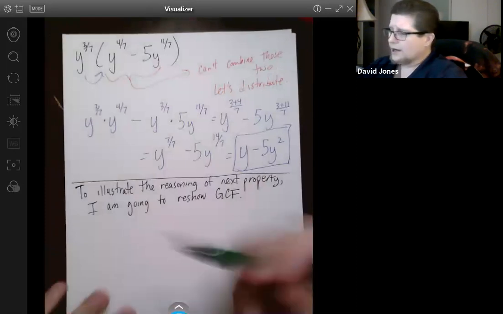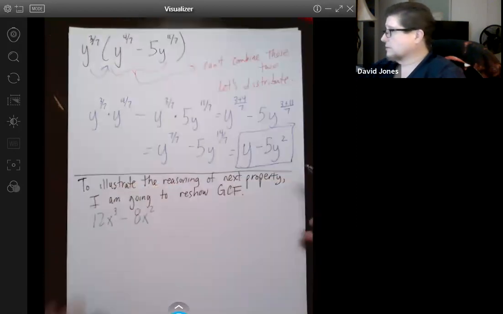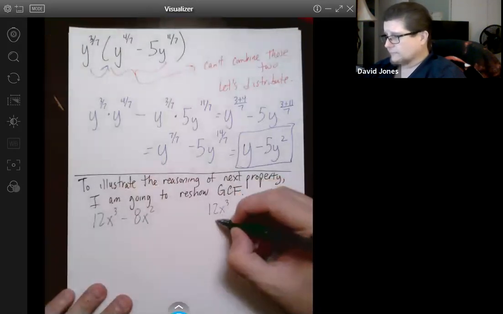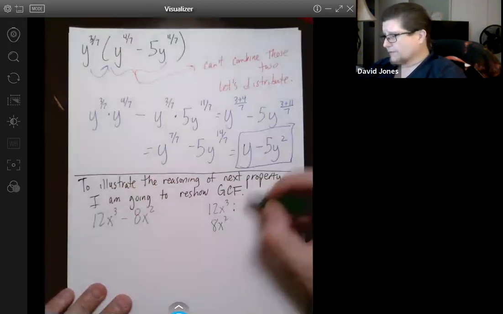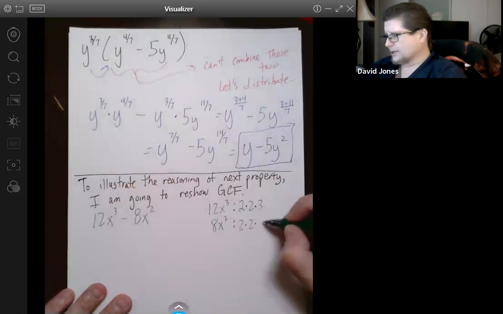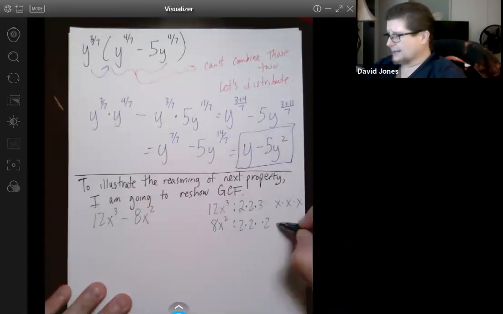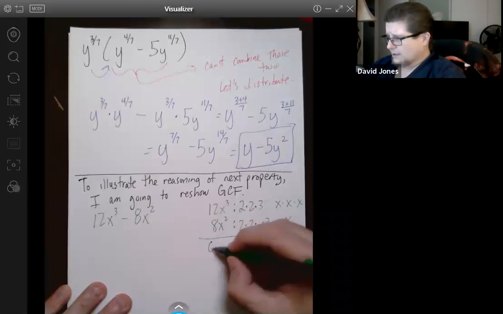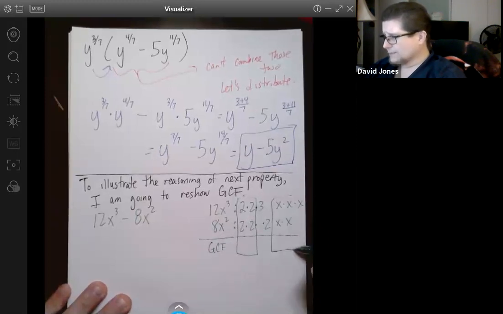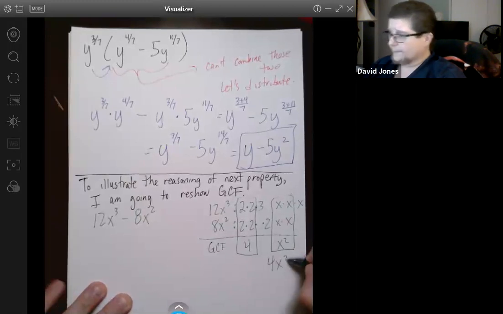Let's say I started off with 12x squared minus 8x cubed. 12 is 4 times 3, which is 2 times 2 times 3. 8 is 2 times 2 times 2. And then I've got x times x times x and x times x. The GCF is the full columns. 2 times 2 is 4, and x times x is x squared, 4x squared.